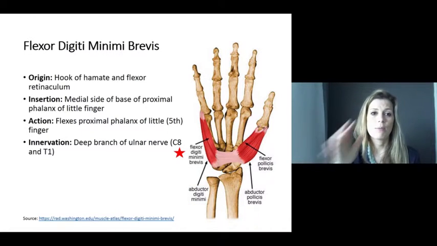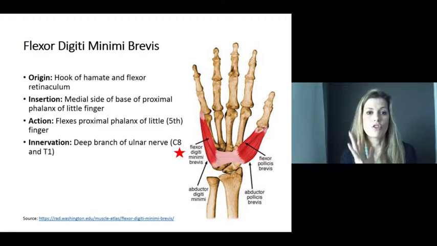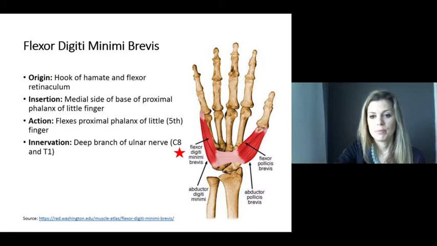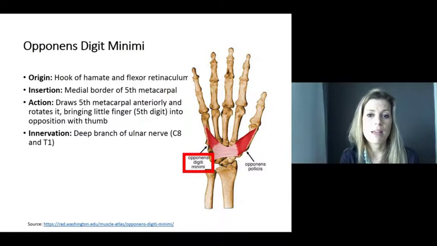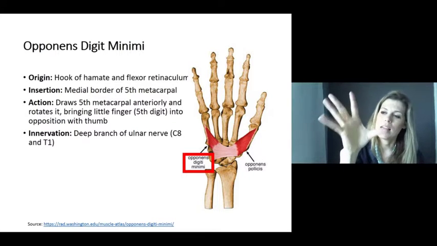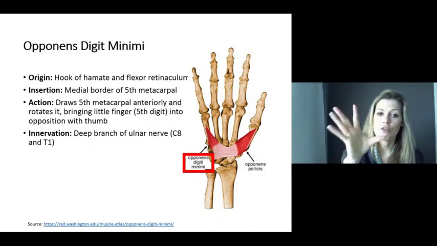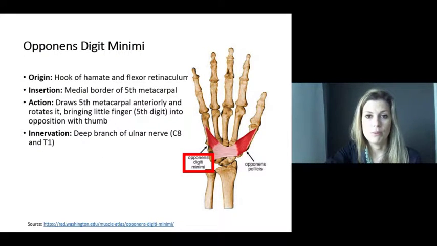The flexor digiti minimi is going to flex at the small finger, the fifth digit MCP joint, and it's also innervated by the ulnar nerve. Opponens digiti minimi, again, draws together the thumb and small finger to grasp different functional items, innervated by the ulnar nerve.